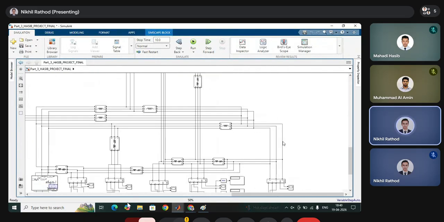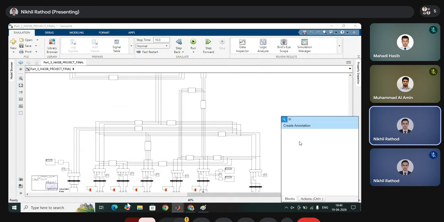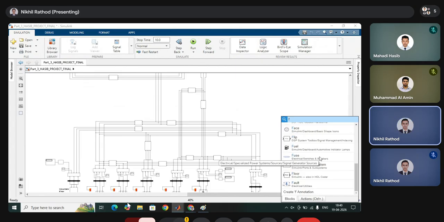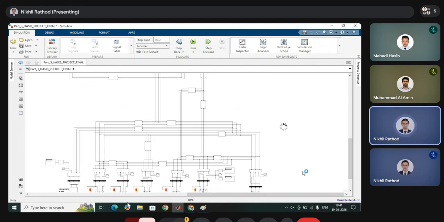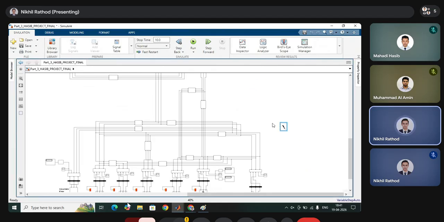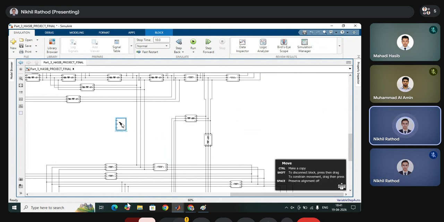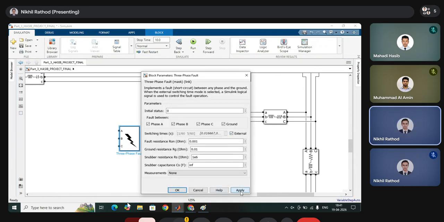In the next step, we can add one fault also, a three-phase fault. Actually, I forgot about it. You can add a three-phase fault and do the fault analysis as per your requirement. So you just add a three-phase fault inside the system and you can perform the fault analysis also.